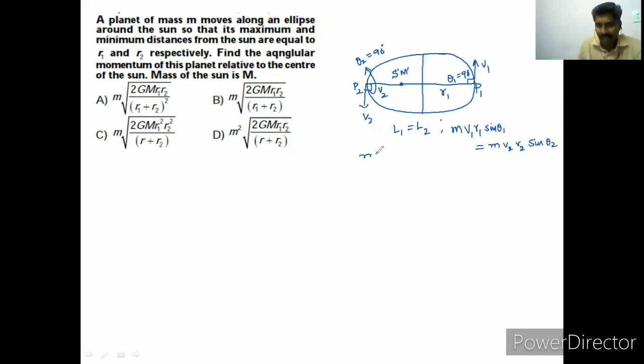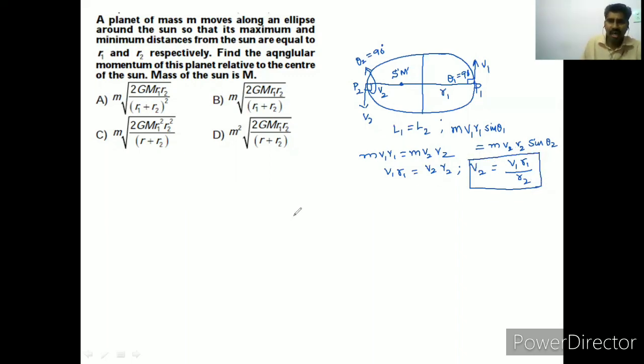So m v1 r1 is equal to m v2 r2. m is common, so v1 r1 is equal to v2 r2. So v2 is equal to v1 r1 by r2. You can keep this.